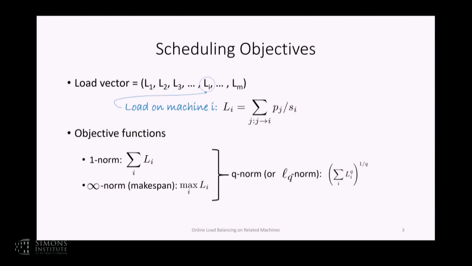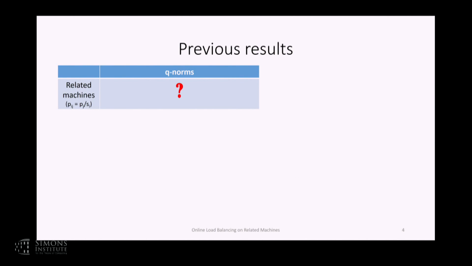So one can look at any arbitrary norm, any arbitrary what's usually called an LP or P norm. I'll call it a Q norm or an LQ norm, just so that I don't confuse with P's, which for me are processing times of jobs. Okay, so that's what I want to optimize. I want to optimize arbitrary Q norms for this problem. So this is what I want to do, Q norms and related machines.